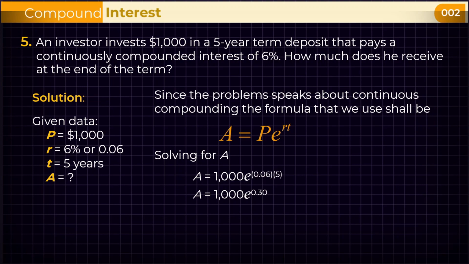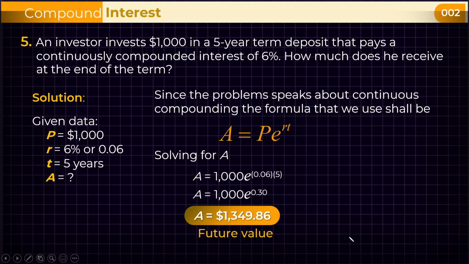You may just simply input all this on your calculators and it will give us a specific amount, which is $1,349.86, which actually answers our problem. How much would he receive at the end of the 5-year term? This is the future value. Thank you.